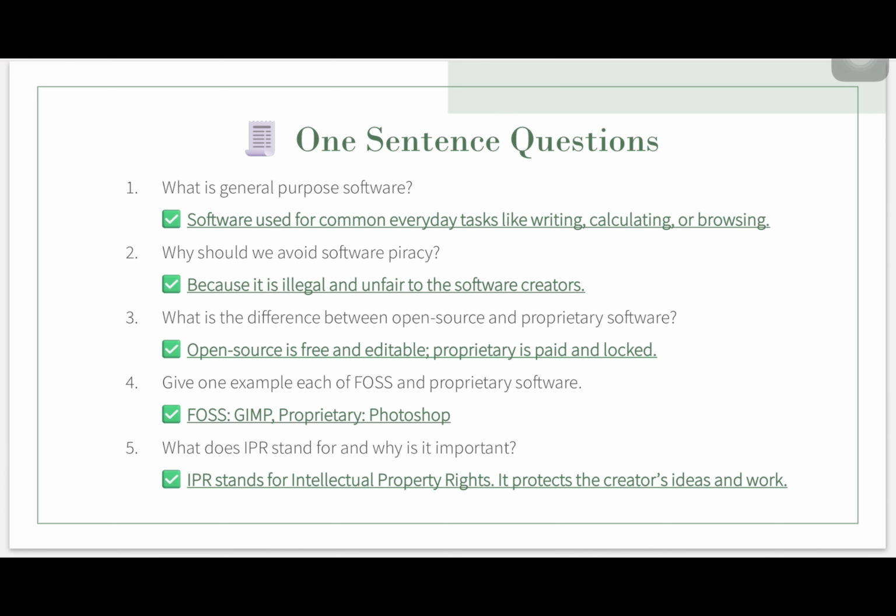See, these are the answers, but what I told you, you can also write that answer, so the teacher will always give you marks. That one is a simple one. This one is a somewhat twisted way. Open source is free and editable; proprietary software is paid and locked. See, GIMP and Photoshop. IPR stands for Intellectual Property Rights. It protects the creator's idea and work.